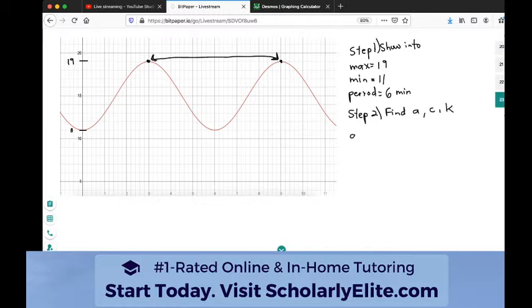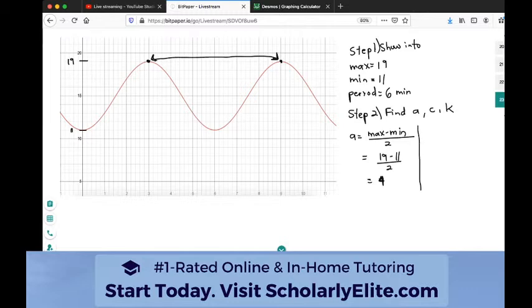So let's start with amplitude. That's max minus min divided by 2. And that's going to be 19 minus 11 divided by 2, which is, oh, hold on a sec. Sorry, that's just 4. What am I talking about?